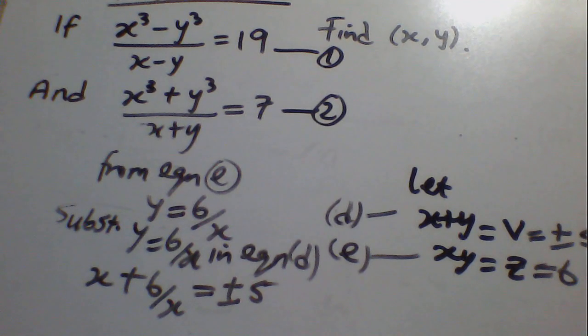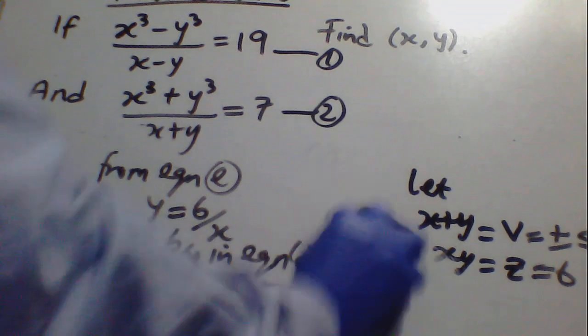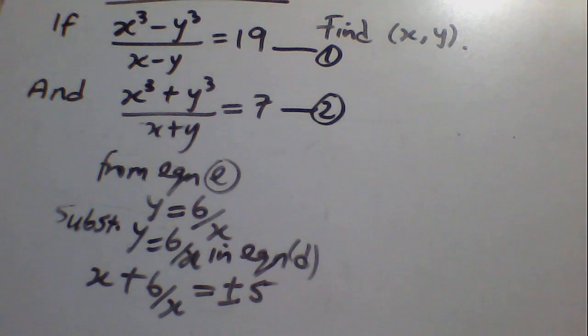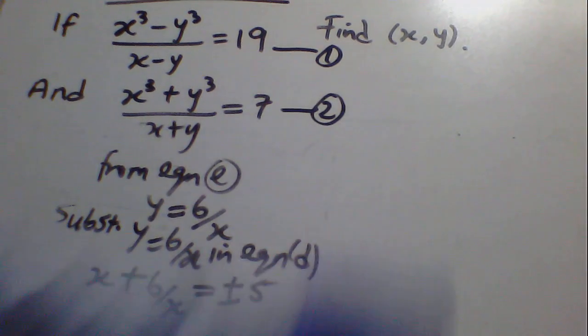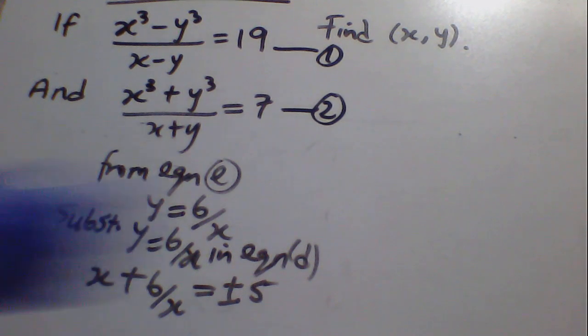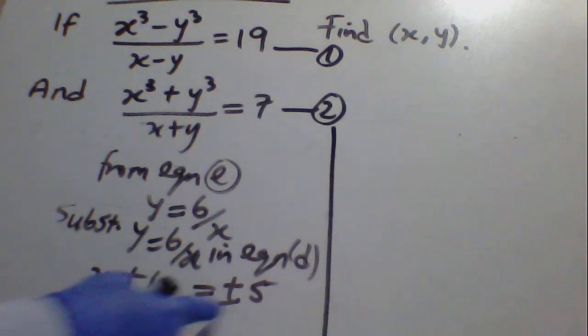So this is where we solve two equations. Now that there are two equations that can be solved from this given equation. So from here, let's start by taking the positive aspect.